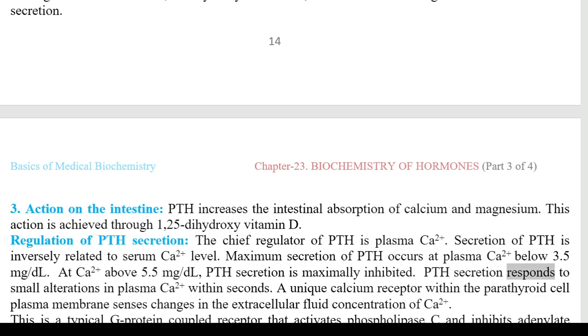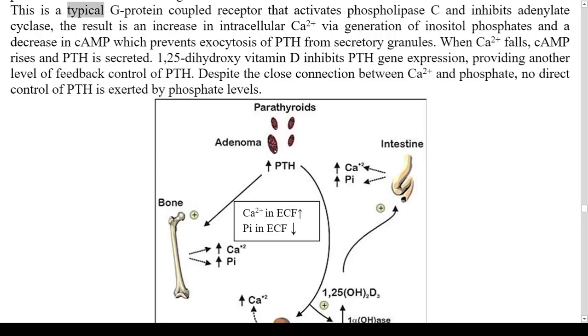PTH secretion responds to small alterations in plasma Ca2+ within seconds. A unique calcium receptor within the parathyroid cell plasma membrane senses changes in the extracellular fluid concentration of Ca2+. This is a typical G-protein coupled receptor that activates phospholipase C and inhibits adenylate cyclase.